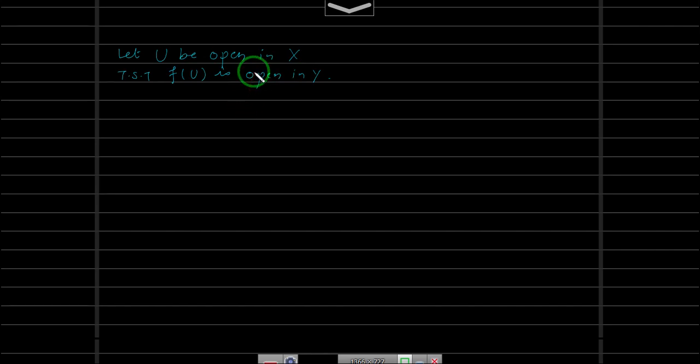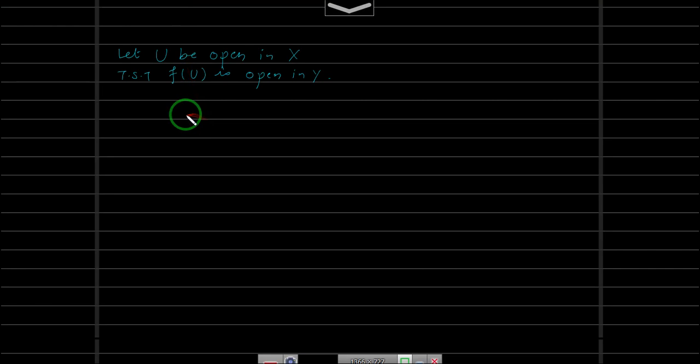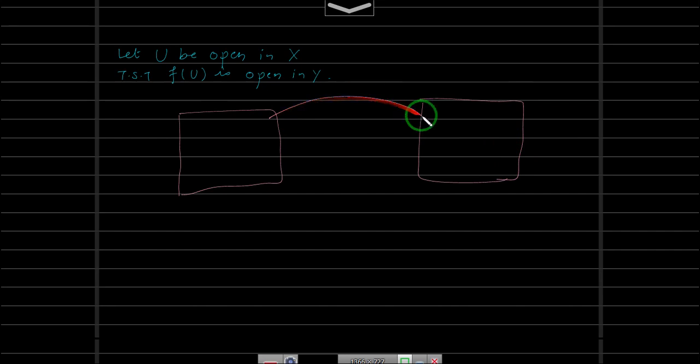Okay, now of course for this we will use that f is a homeomorphism, but before that let's draw this. So we have X, we have Y, we have function f which is from X to Y. To show that this is open, we need to take an open set here.